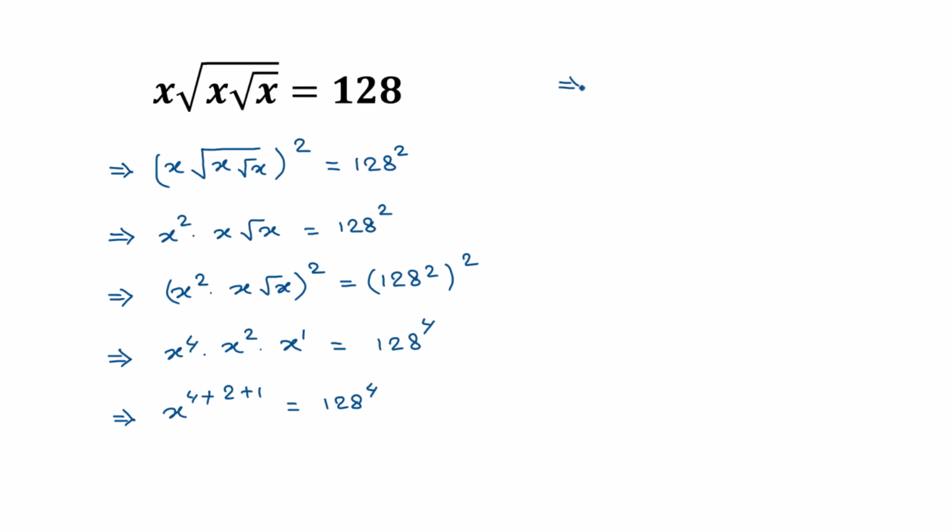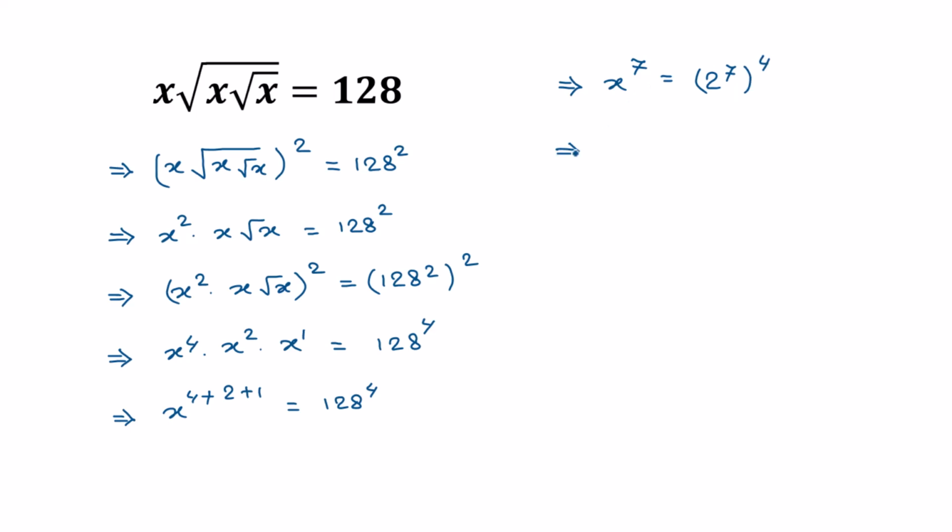Or left side x to the power of 4 plus 2, this is 6 plus 1, 7, is equal to 128. We can write this as 2 to the power of 7, this is 128, and whole to the power 4.